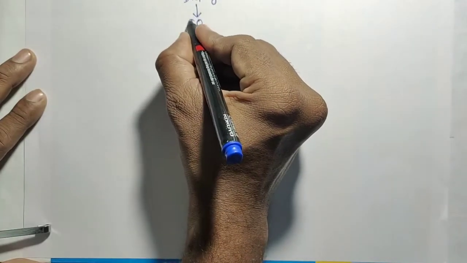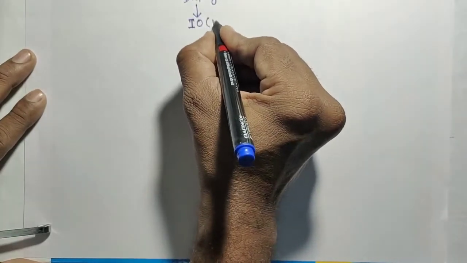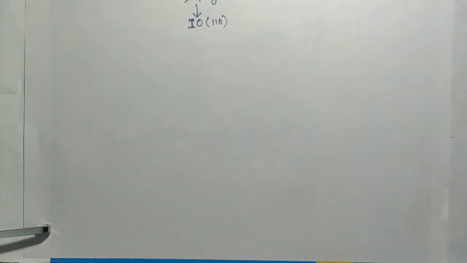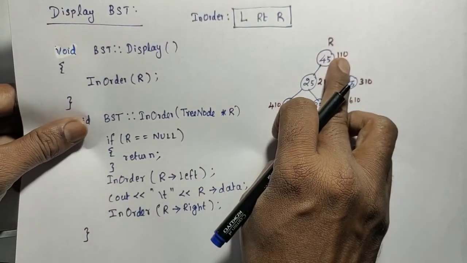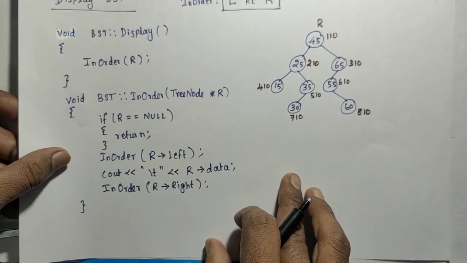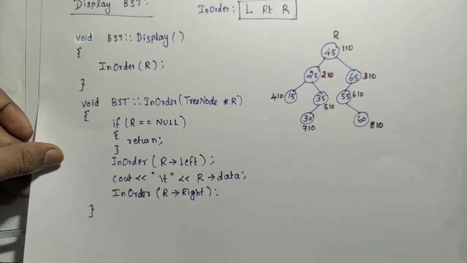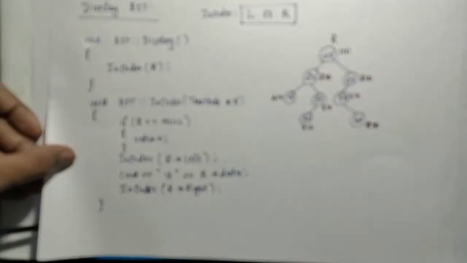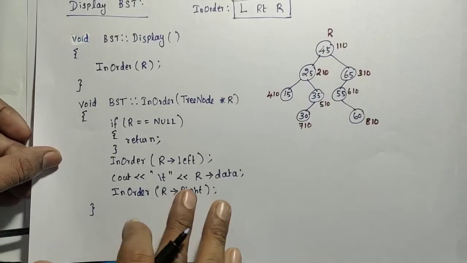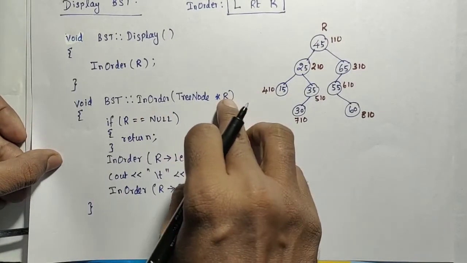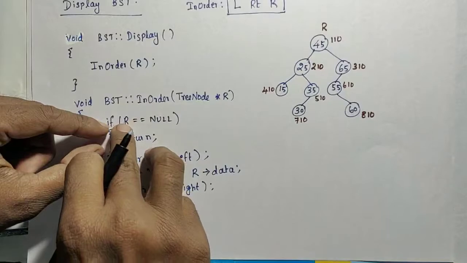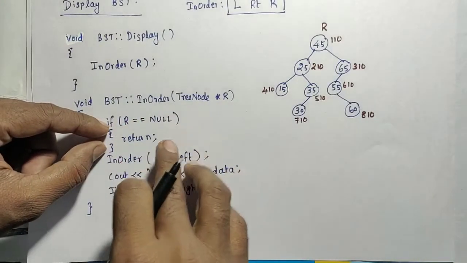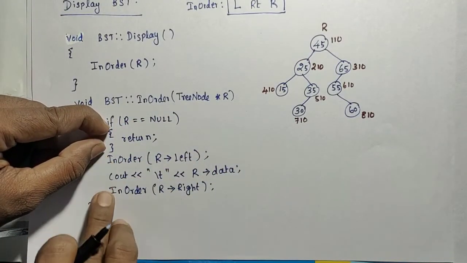So in order of 110 we have called, and 110 gets passed here. In the function, 110 is received. 110 is not equal to null, so this condition is false.